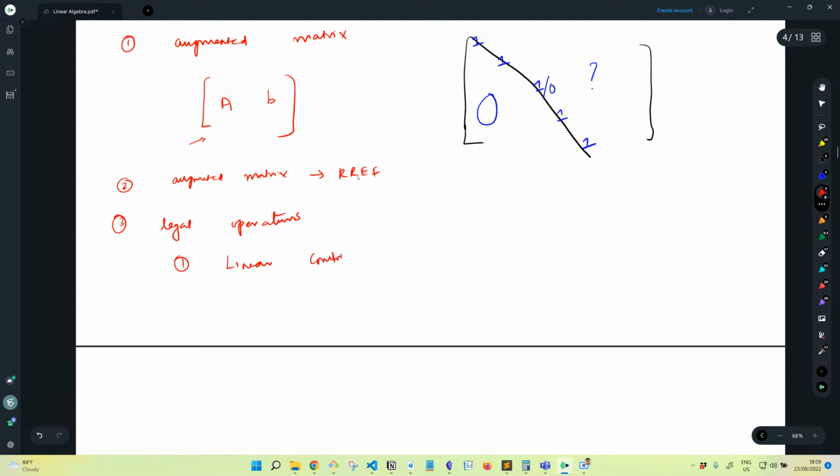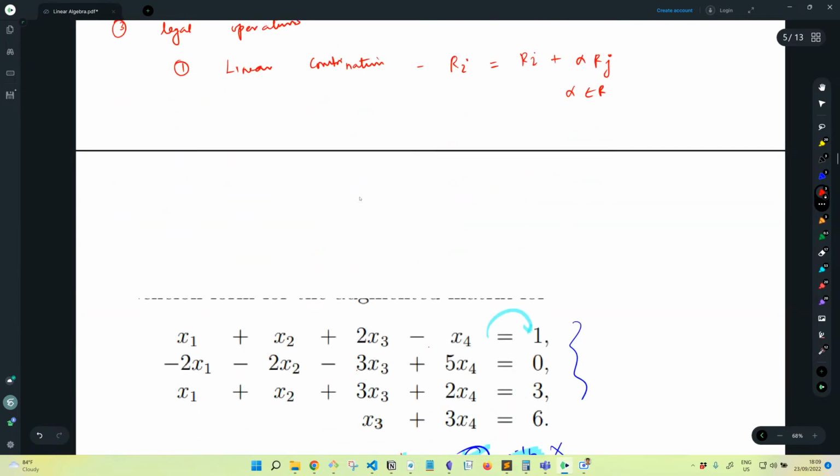So first thing is linear combination. Linear combination is any operation of the form Ri equals Ri plus alpha times Rj, right? And alpha can be any real number.